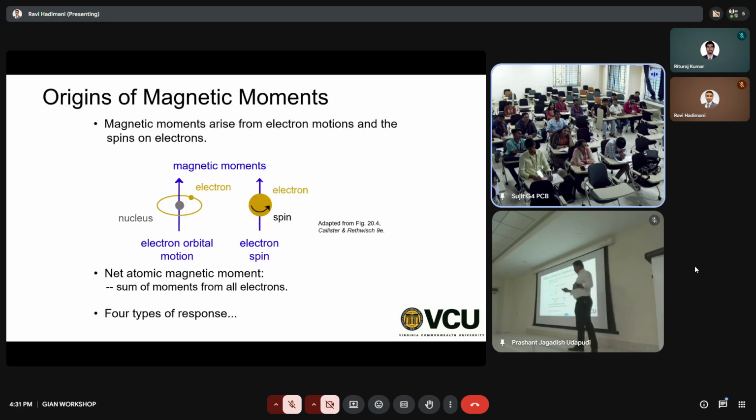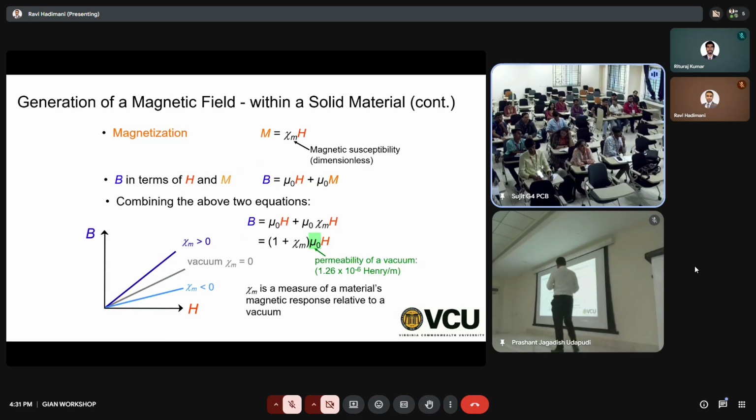Now we talked about how materials are magnetic, or how the magnetic field is generated, right? Charge in motion creates a magnetic field. That means every material should have a magnetic field, right? Because every material has electrons. Electrons have charges, right?